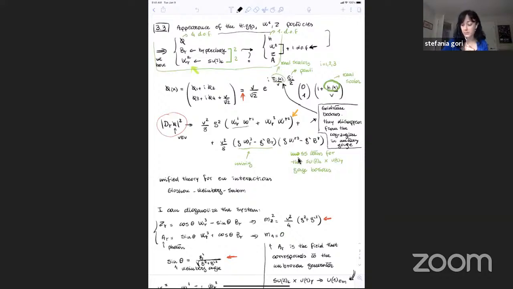You have that combination if you define the angle in this way with this choice of signs, and it's something that you can check. It's coming from here. You see, you have this minus for the way that we have defined these interactions.